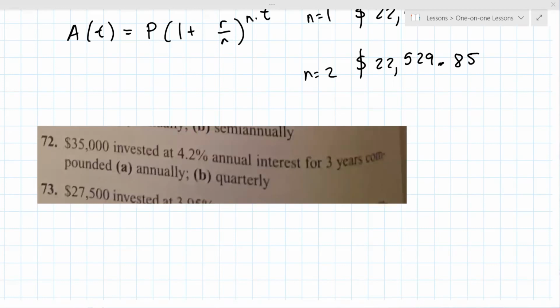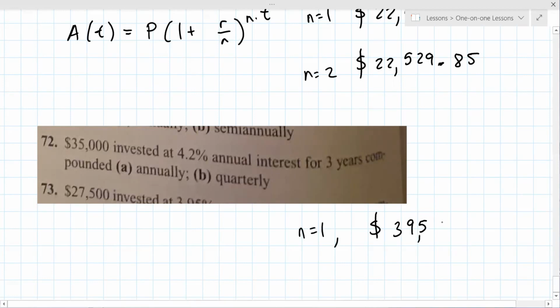I'll get these numbers calculated for you. So that's 35K.